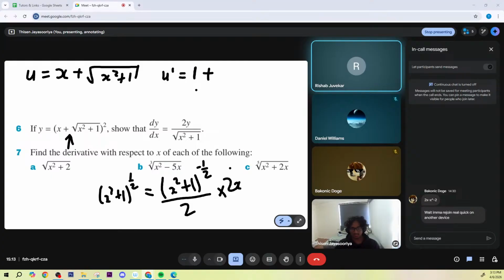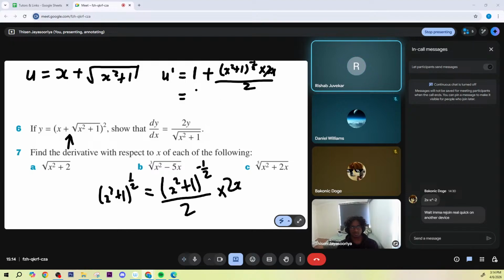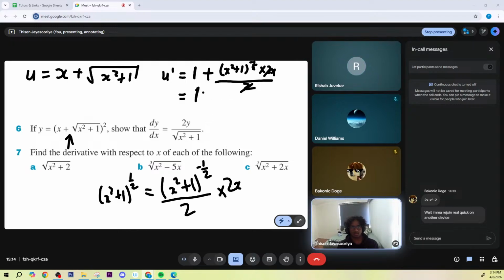2x. So that means here we get, brackets, x squared plus 1 to the negative 1/2, times 1/2 times 2x. How can I simplify that? Cancel the 2s, and then we're left with 1 plus x over the square root of x squared plus 1.